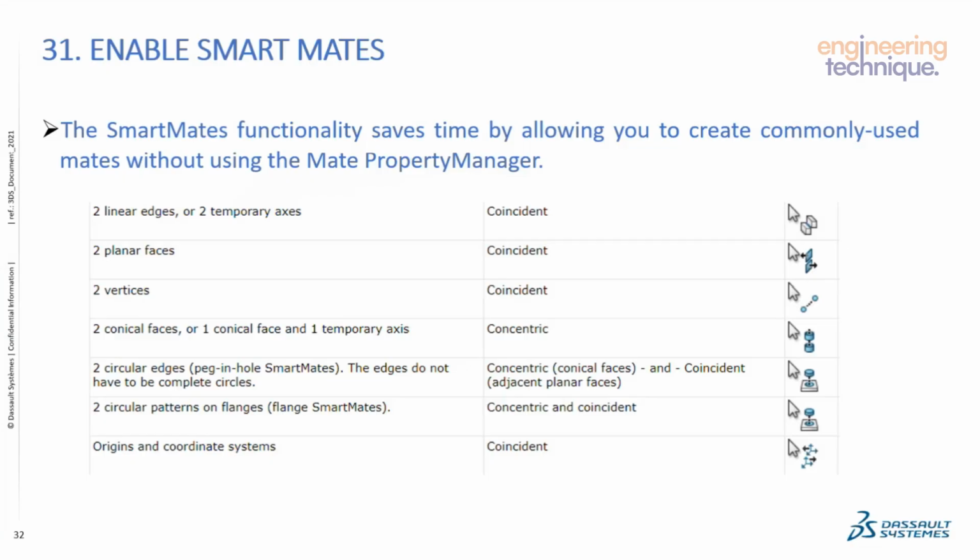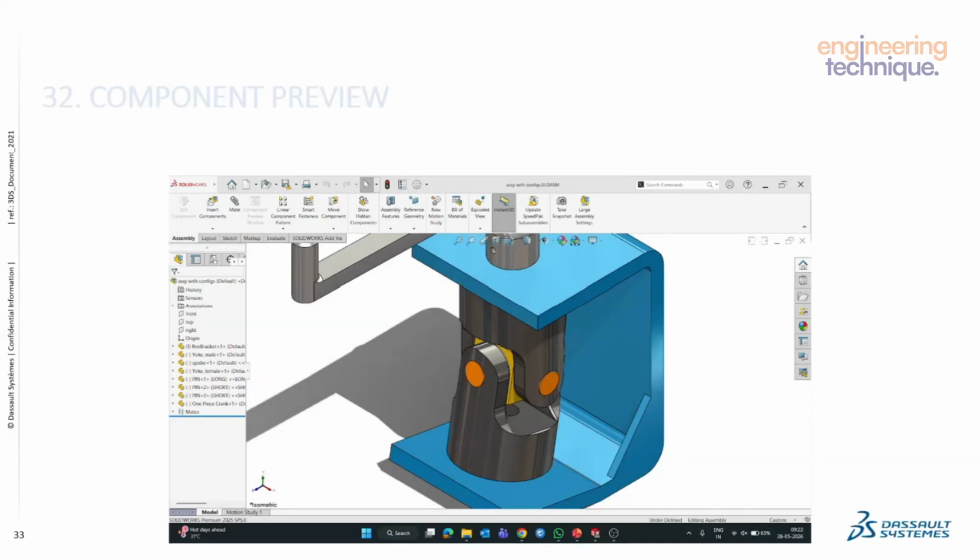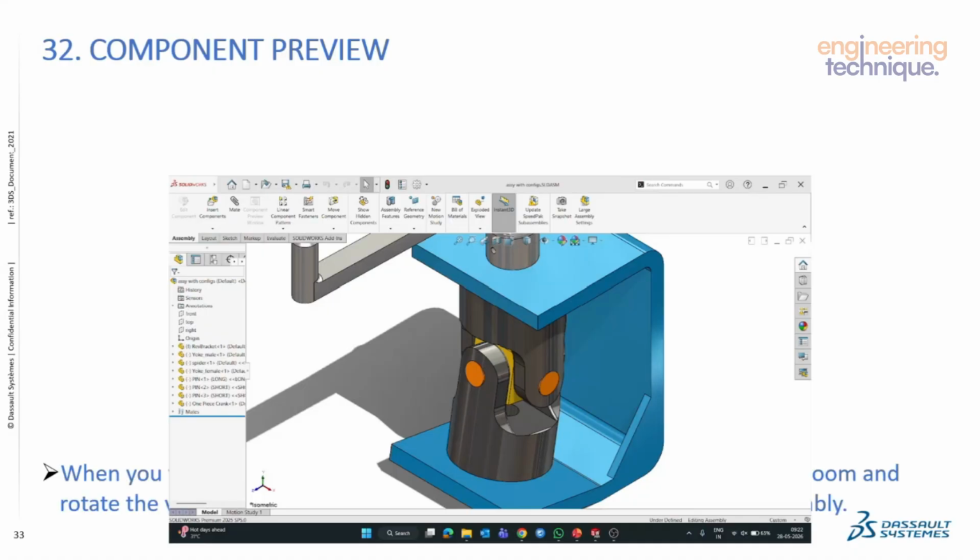So basic mates I can directly provide here. It can be used on two edges or two axes coincident, or two faces coincident, or two vertical points coincident, and as we see, basic mates can be done by the smart mate functionality to save time.